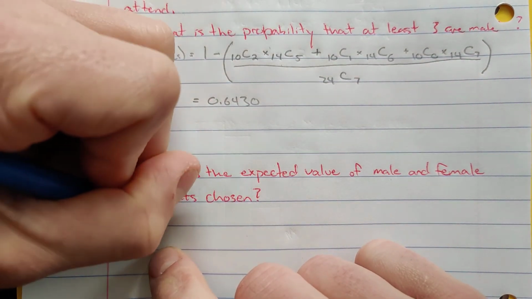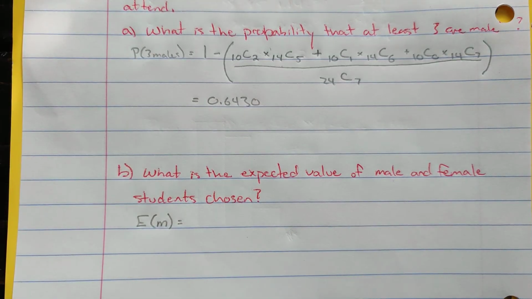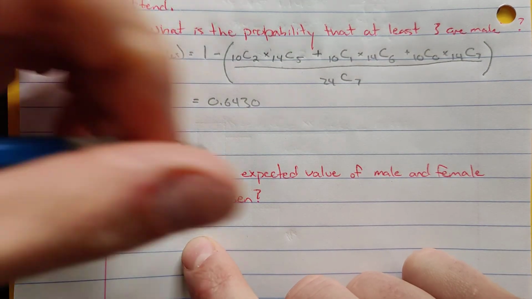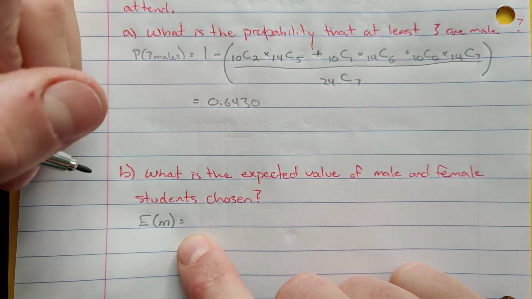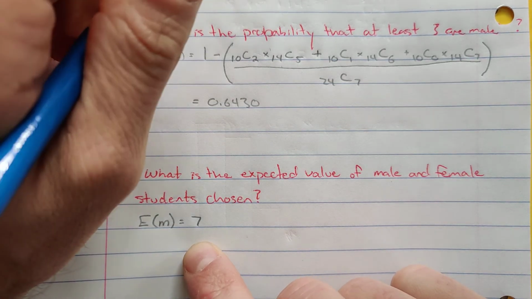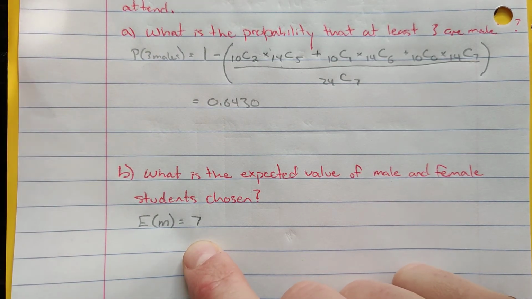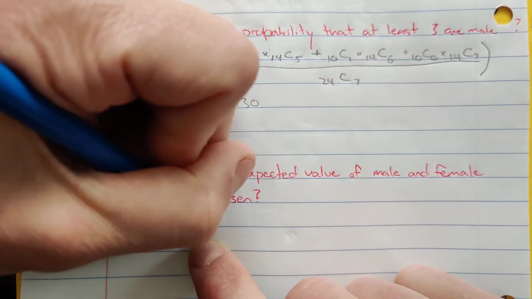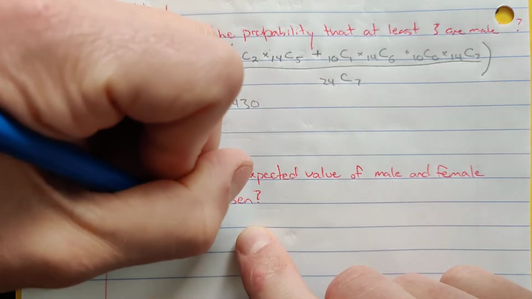Well, the expected value for males is equal to the number of dependent trials. So we're doing 7 people. In this case, we're pulling 7 people for attending the workshop. We have a total of 10 males.